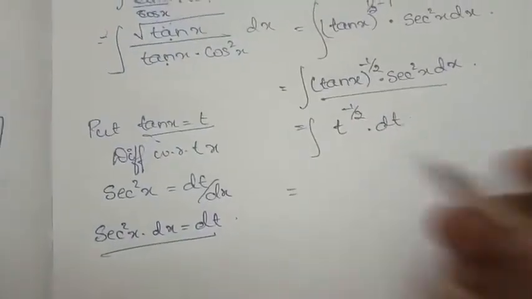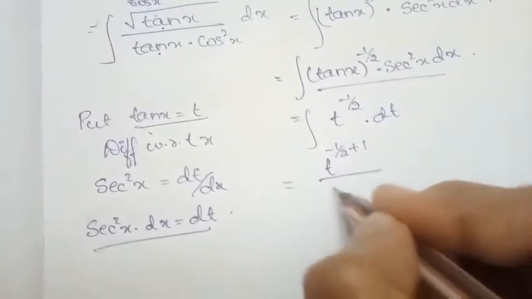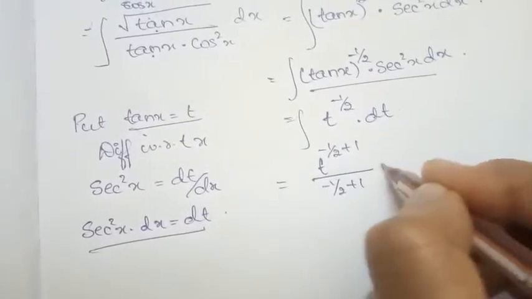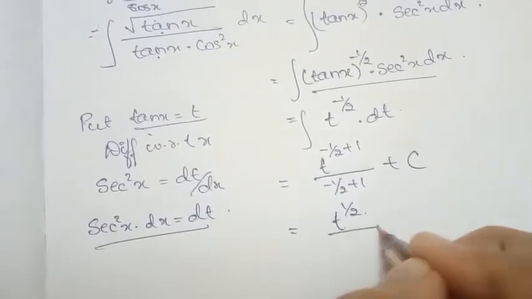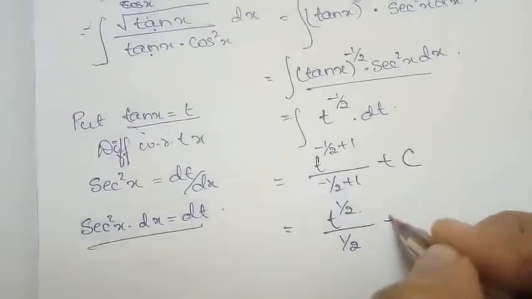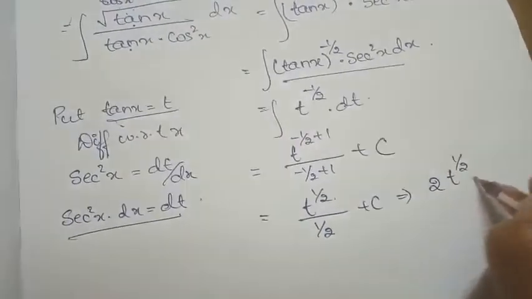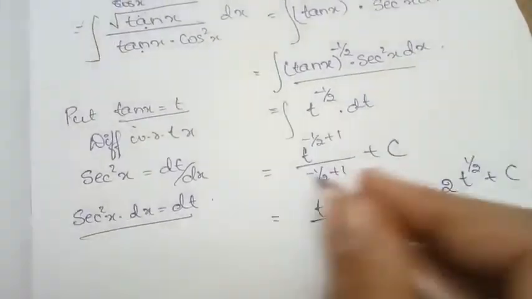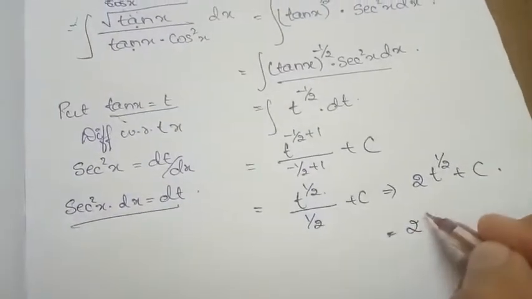By the formula, it becomes t to the power minus 1 by 2 plus 1 divided by minus 1 by 2 plus 1, plus c. So it is t to the power 1 by 2 divided by 1 by 2, plus c, which implies 2 into t to the power 1 by 2 plus c. Bringing the 1 by 2 to the numerator, it becomes 2. What is the value of t here?